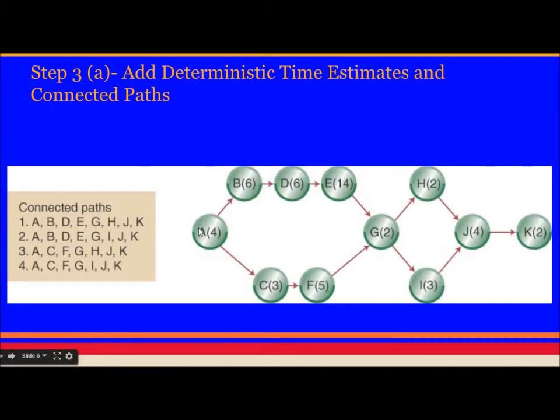The second path is A, B, D, E, G, I, J, K. Third connected path is A, C, F, G, H, J, K. Fourth is A, C, F, G, I, J, and then K. These are the four connected paths.